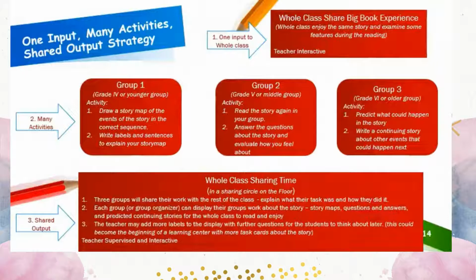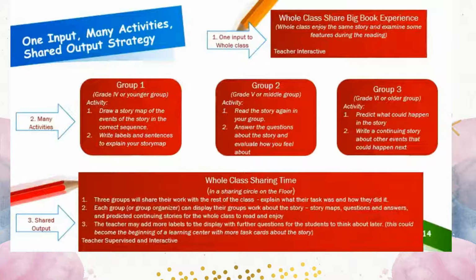As you have observed, the groups have different tasks. The grade 5 group will have a different activity compared to the grade 4 students because they will read the story again. In their group, they will answer questions about the story and evaluate how they feel after the story was shared to them and after they have reread it.